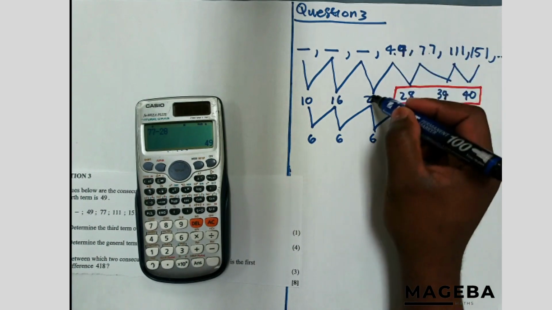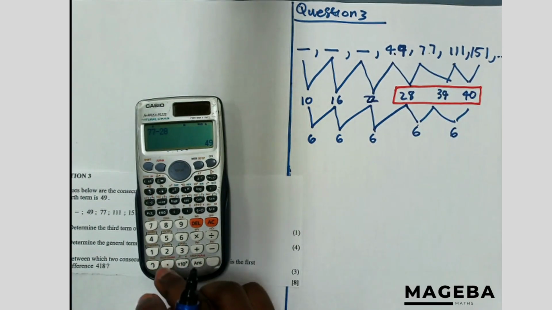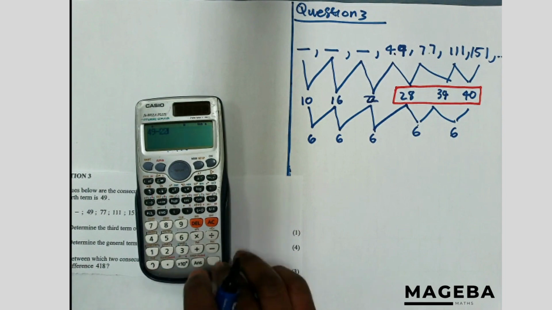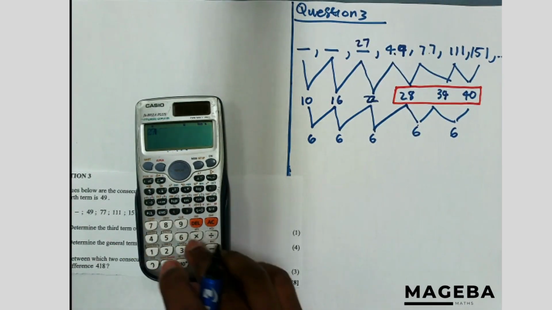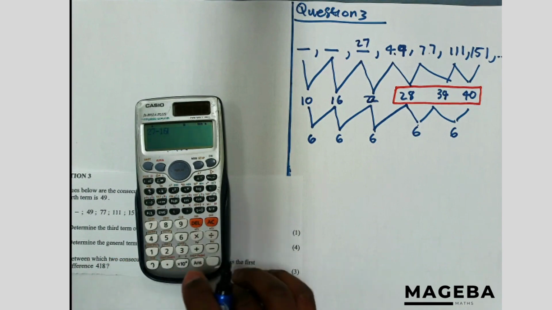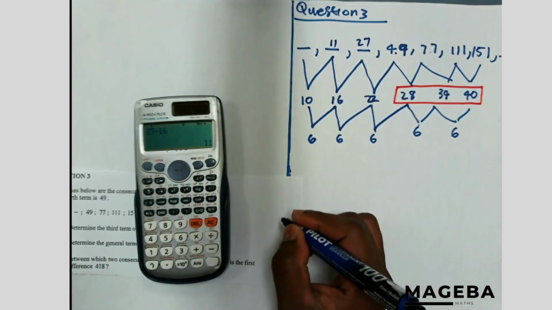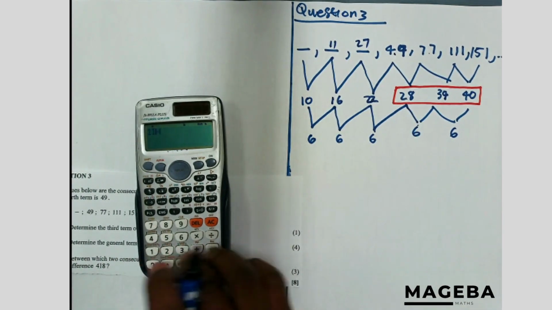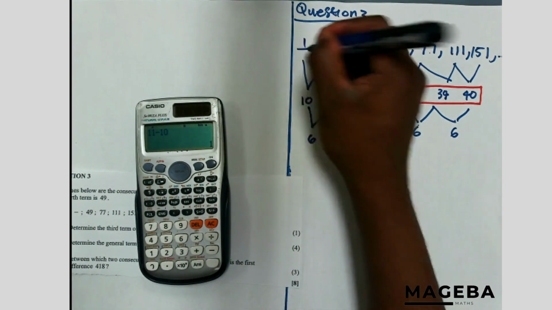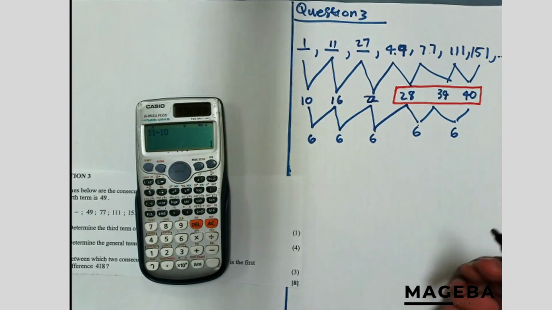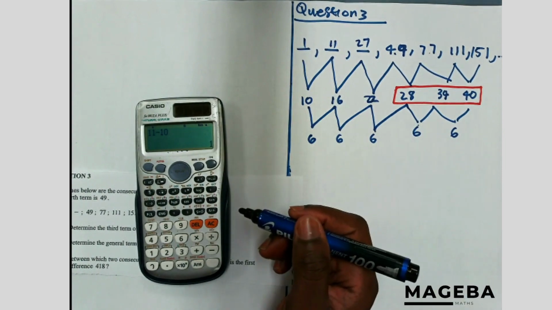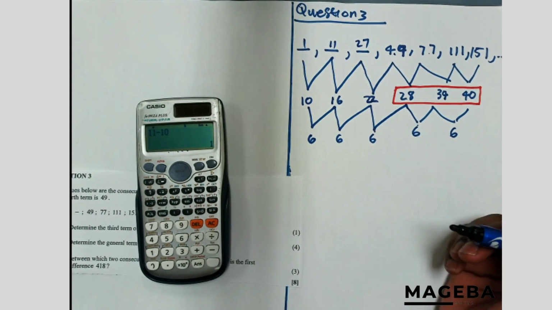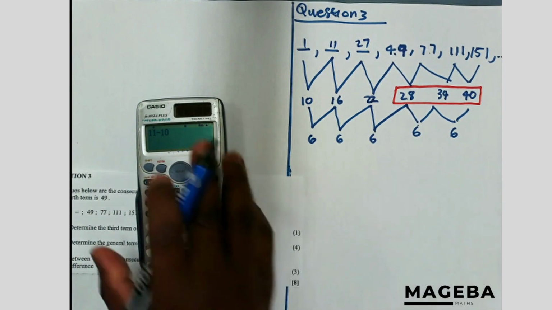Then 49 minus 22 gives 27. Then 27 minus 16 going back gives 11. And 11 minus 10 gives 1. I hope you saw the reverse of our sequence compared to going forward.